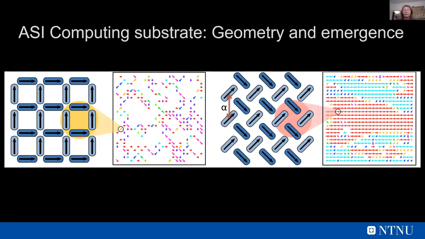Or at the right, we have twisted the magnets 45 degrees, and we have a spin ice like structure. And then we get these large spatial patterns as the emergent phenomena we are looking at. Further, we can tune these systems by changing the shape of the magnets and the distance between them.